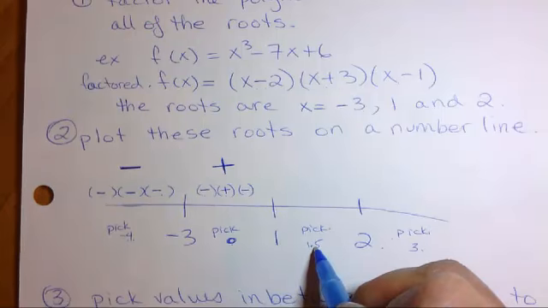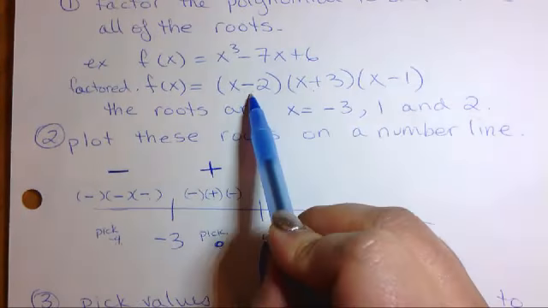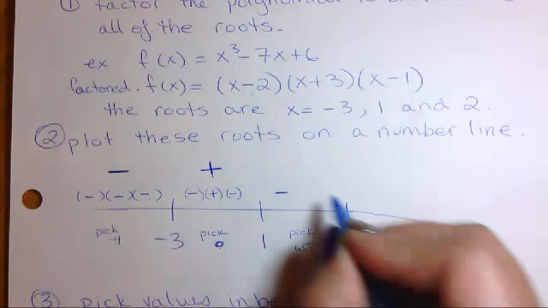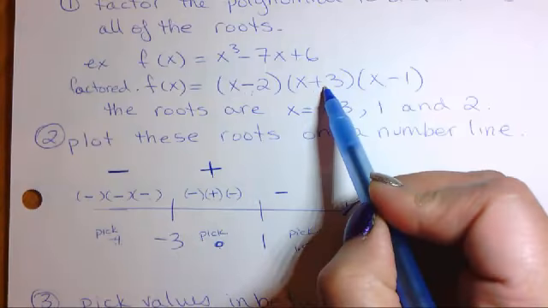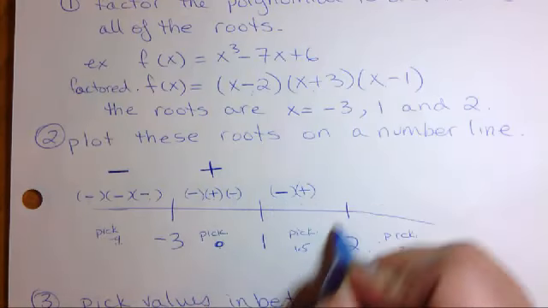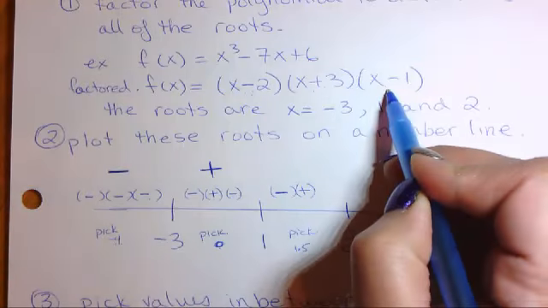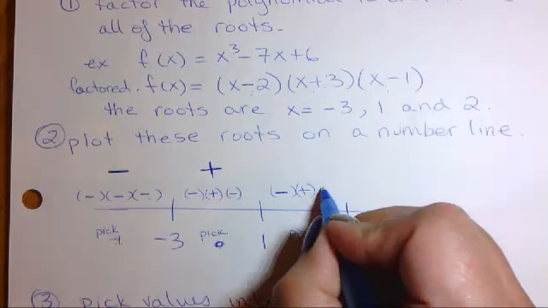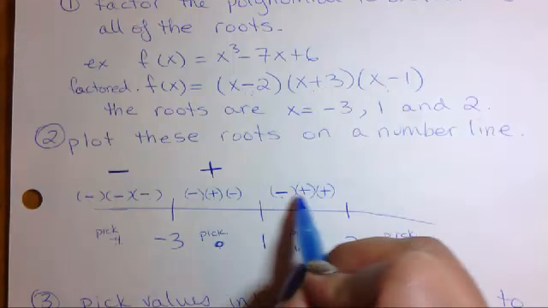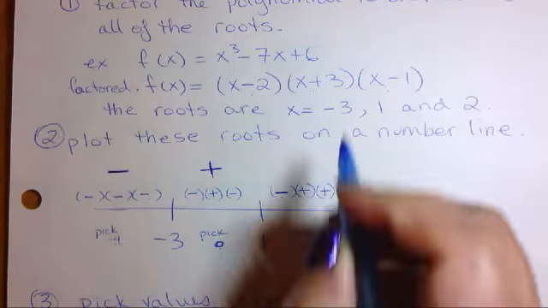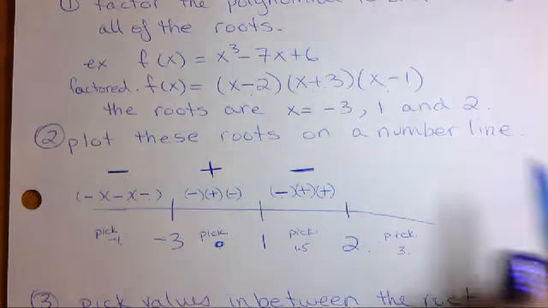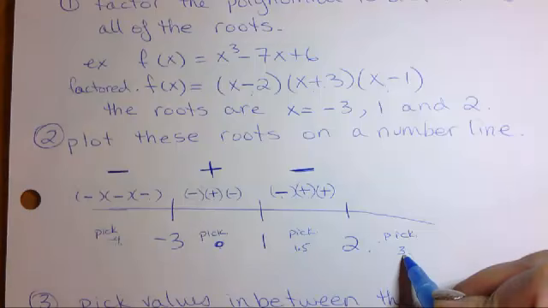Here, I'm going to choose 1.5 and put it in here, and I end up getting a negative number for that. If I put 1.5 into here, I get a positive number. And if I put 1.5 into this third bracket, I get a positive number. Now notice we've got a negative times positive times positive, which ends up as a negative. Finally, we're at our last one.